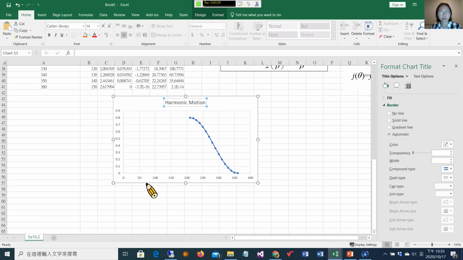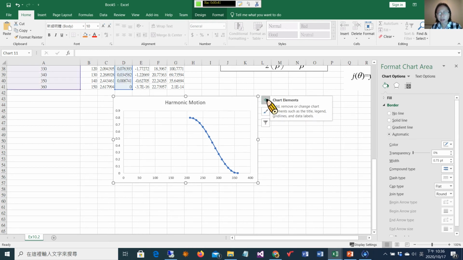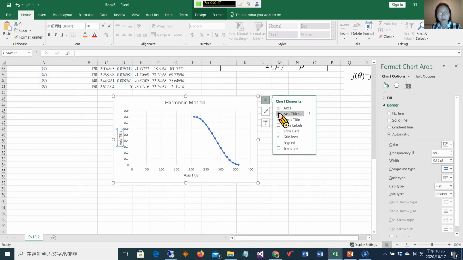And I want to show the label of axis for X and Y. So I come to here and click chart elements and select axis title.